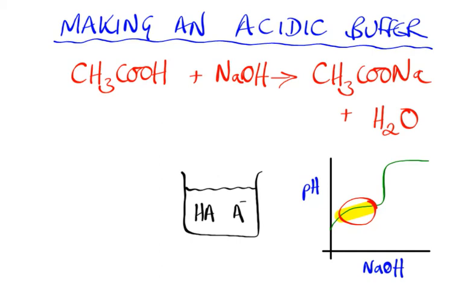So the region that I've highlighted there on the titration curve, we've actually made an acidic buffer. So method 2 is to take an excess of a weak acid and add some strong alkali to it, and you'll generate an acidic buffer.